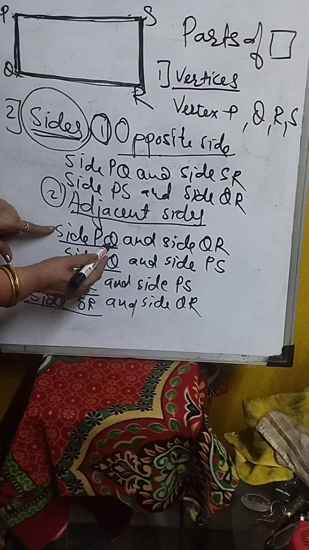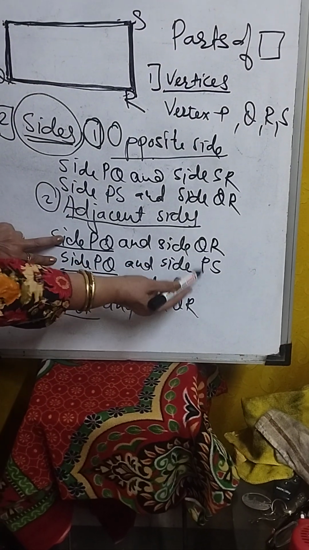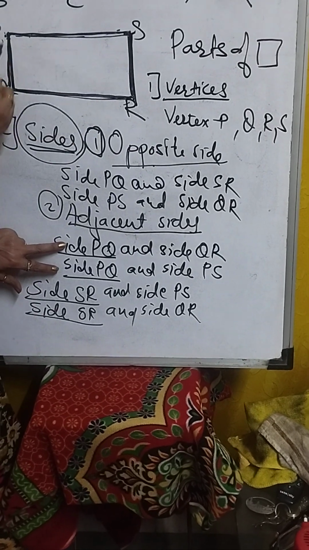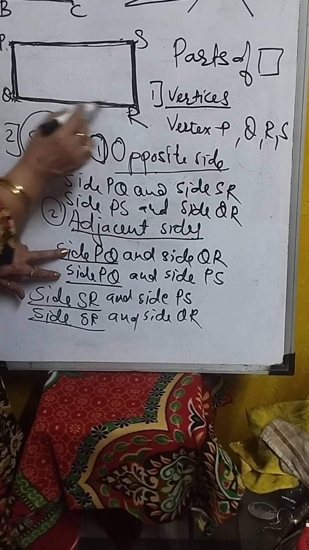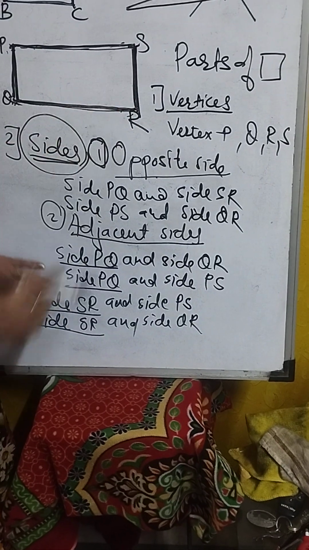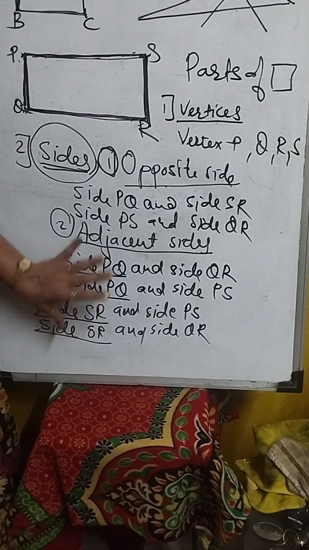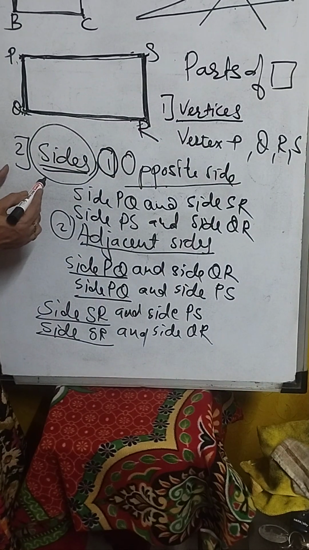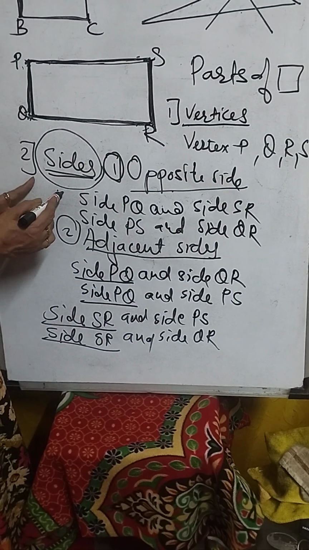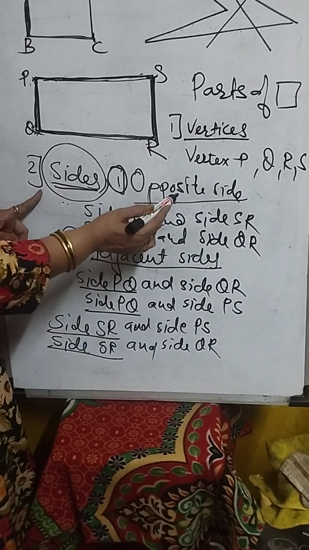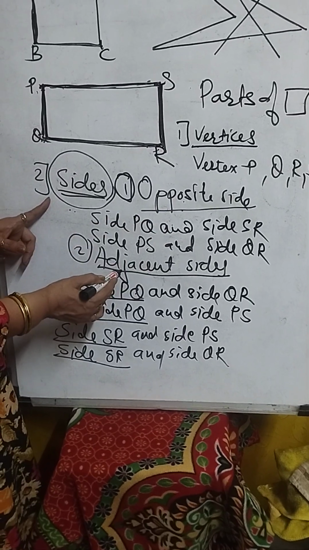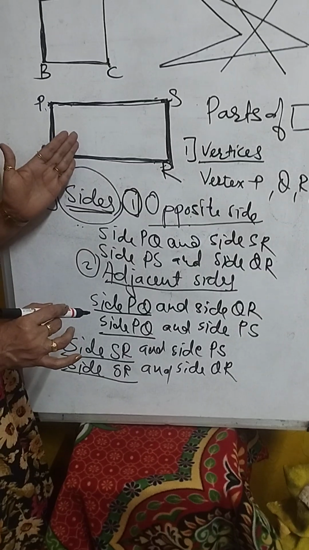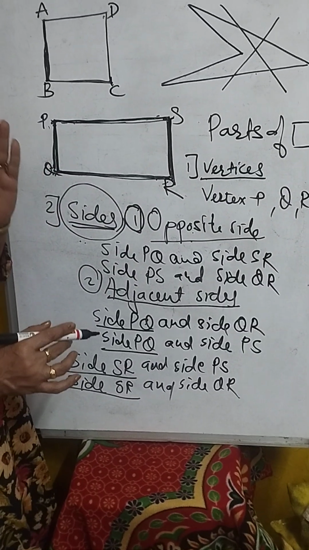Here side PQ carries two adjacent sides, PS and QR. This is written over here. You understood this? The first part is vertices, the second part is sides. In sides we have studied two types, opposite sides and adjacent sides. Now the third part of the quadrilateral we are going to study is angles.